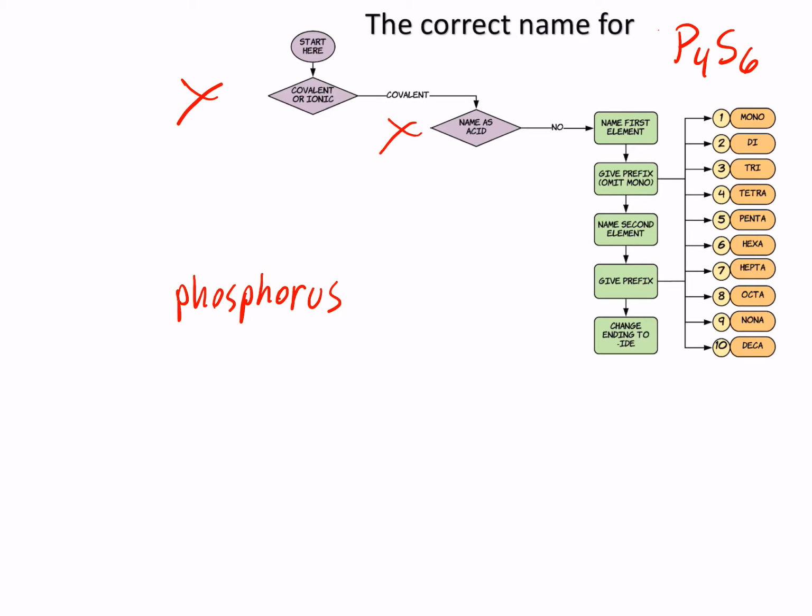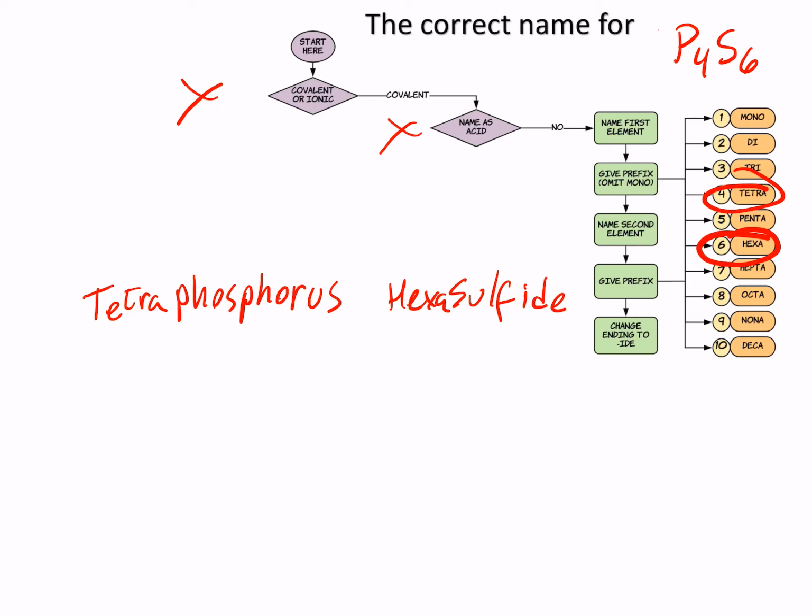And how many you have here? There you have 4, so that's tetra. We move into the second element, and that's sulfur. We give the prefix, which is 6 atoms you have there, so this is hexa. And then because that's the second element in that formula, you have to change the termination to ide, so this is tetraphosphorus hexasulfide. So this is how we work chemical nomenclature.